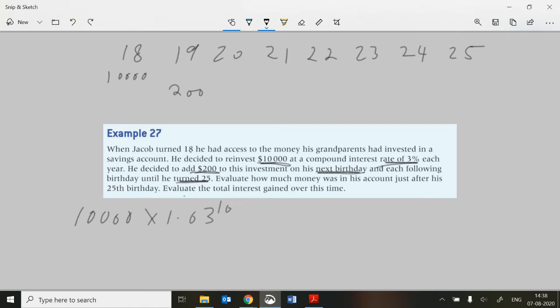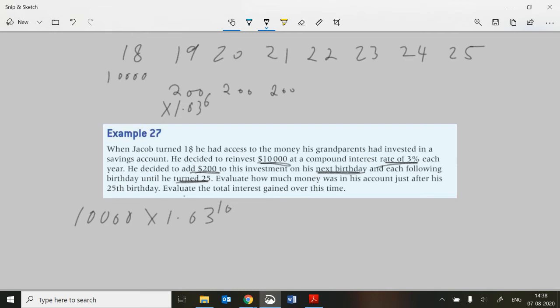It doesn't really matter. Okay, so I'm putting in 200 at 19, I'm putting in 200 at 20, I'm putting in 200 at 21, and so on. Now, at 19, I'm only going to have 6 increases from 19 to 25. That's the 6 gaps there. So I'm going to times by 1.03 to the power of 6.